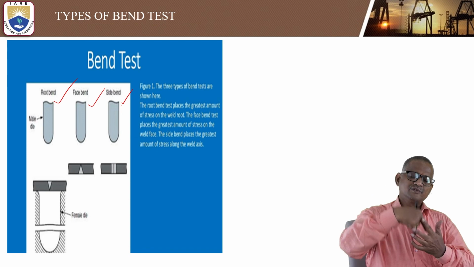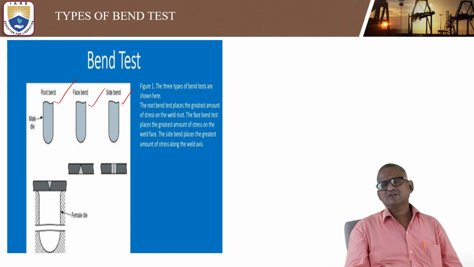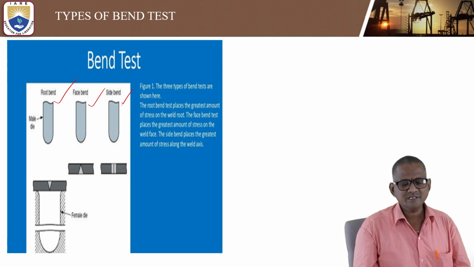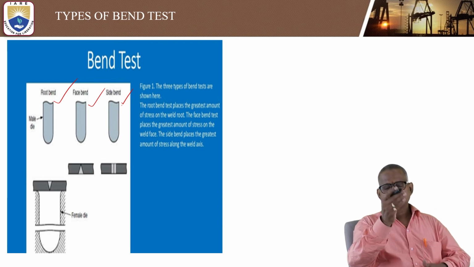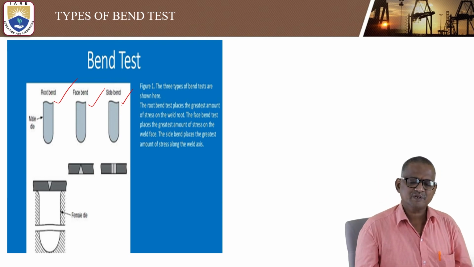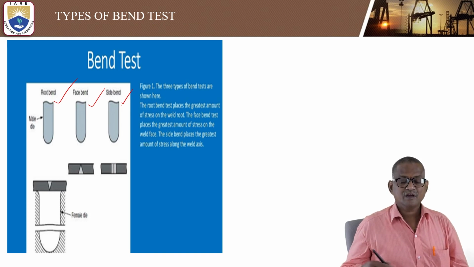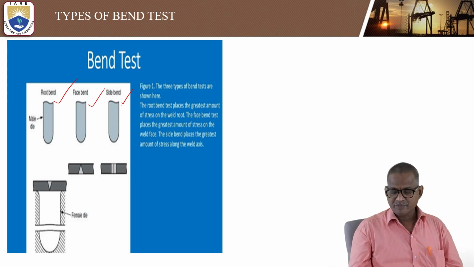Initially you keep a straight rod or plate, and then apply the plunger. With the pressure applied, the required shape may be obtained in these three different types of bending. Root bend, face bend, and side bend are the most widely used in bend testing.